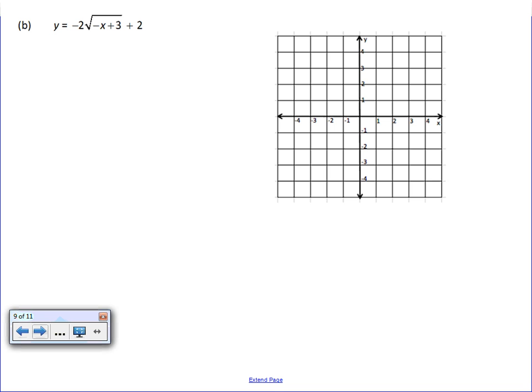Is this good to go for stating everything? You have to check that k is in the right place. The k has not been factored out underneath that square root, so we have to do that. So y equals -2 square root.